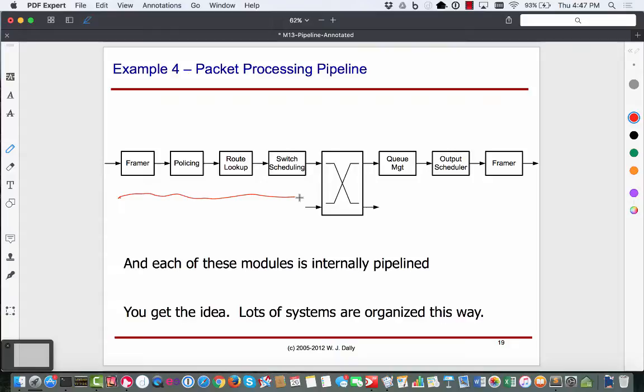So the point I'm trying to make is that there are lots and lots of systems where high performance is needed, and pipelining and parallelism, of course, are two more tools in one's arsenal.